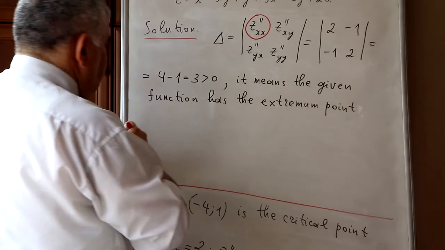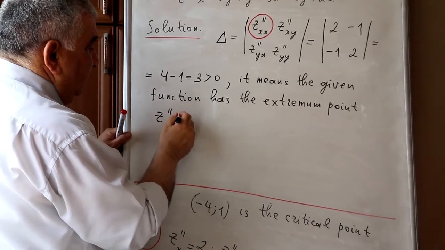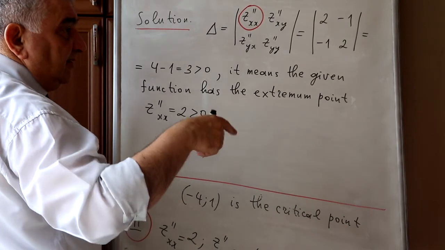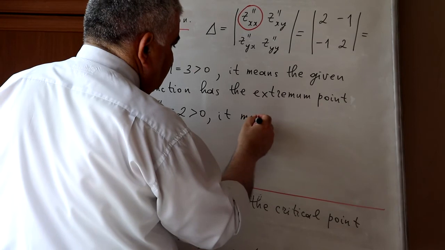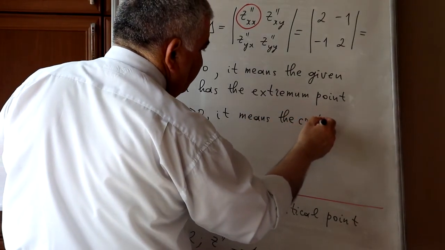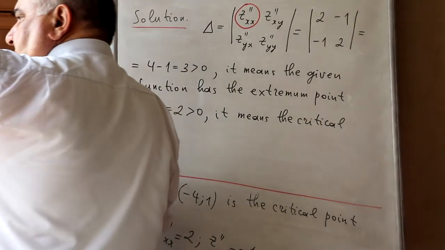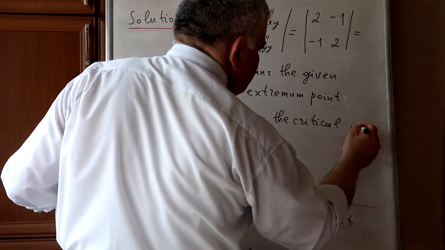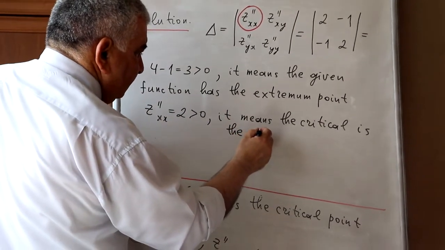It is 2, and 2 is positive. It means the critical point is the minimum point.